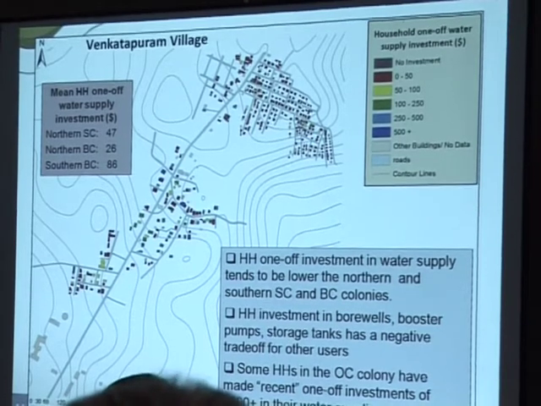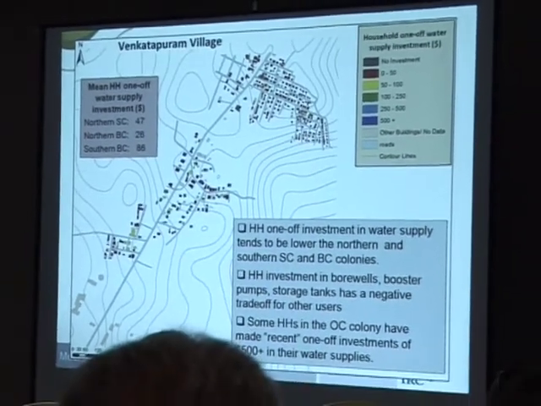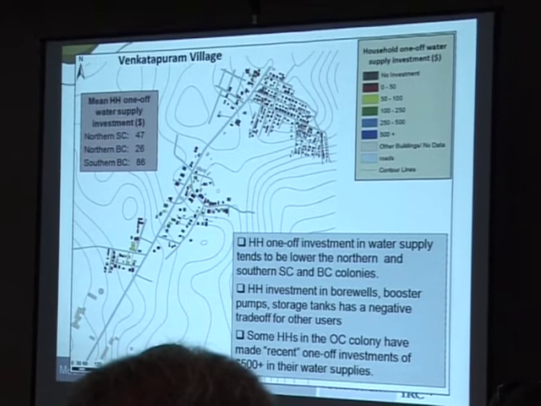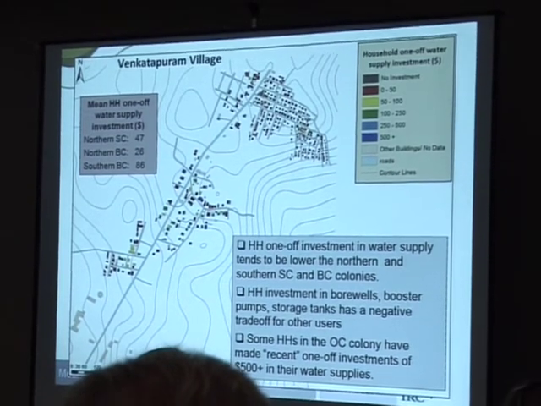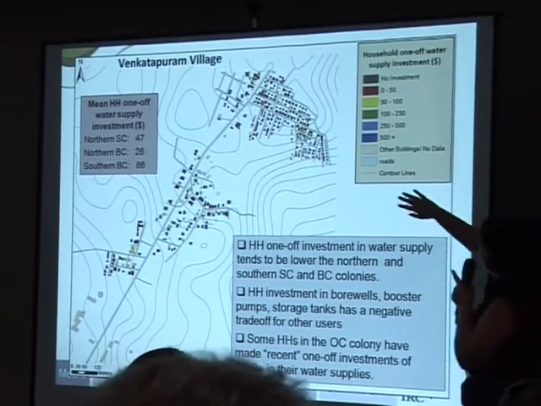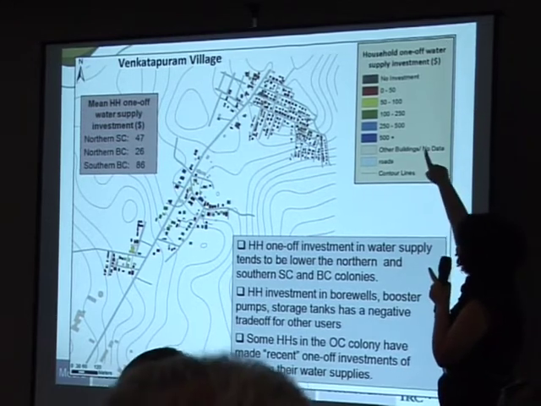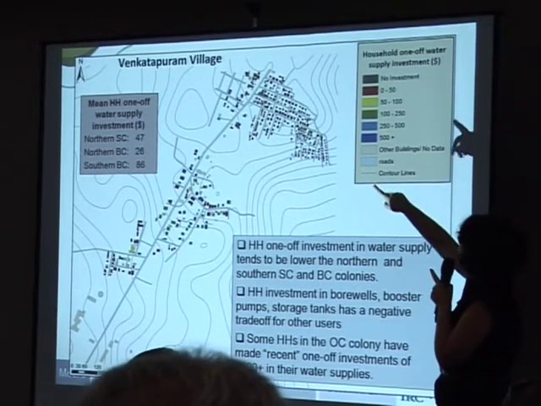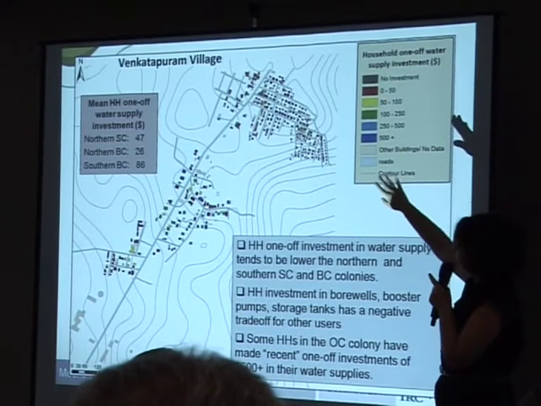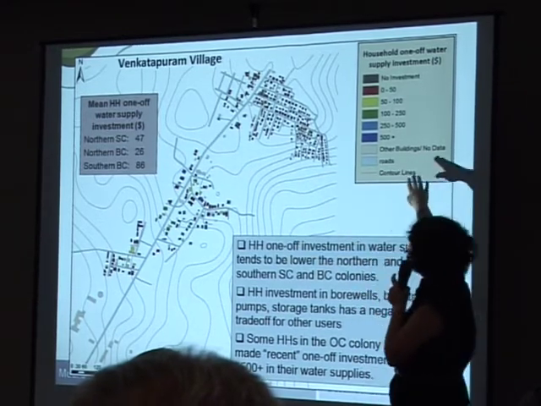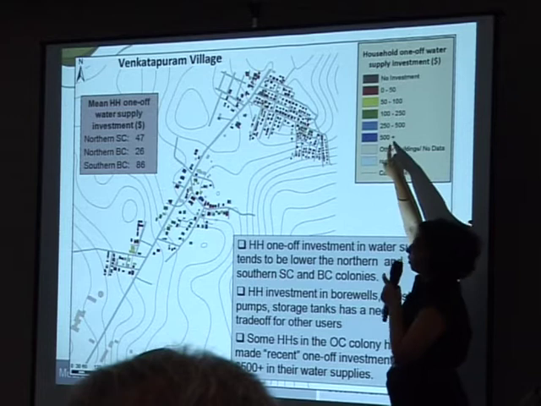And then we start mapping out the costs. Well, and this is CapEx household, so one-off water supply investments. And you can see that in the north of the village is between $0 and $50 one-off household investments. And the further south you go, you see some investments, the blue households have 500 plus.